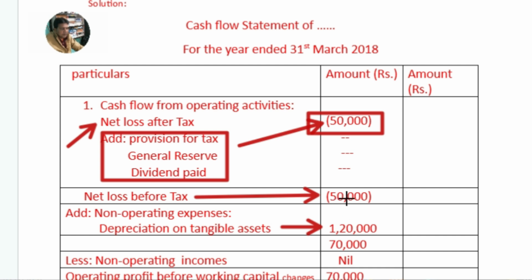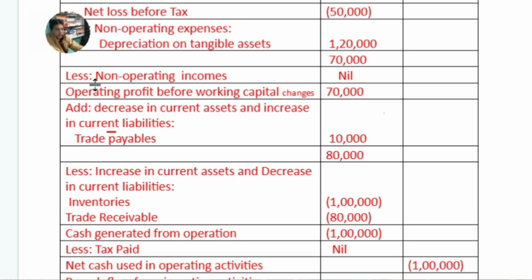The 50,000 is minus, 1,20,000 is plus, so plus and minus gives a balance of 70,000. Under non-operating incomes there is also no information in the question, so this balance is nil. So the balance of 70,000 will remain the same, and this value represents operating profit before working capital changes, 70,000.